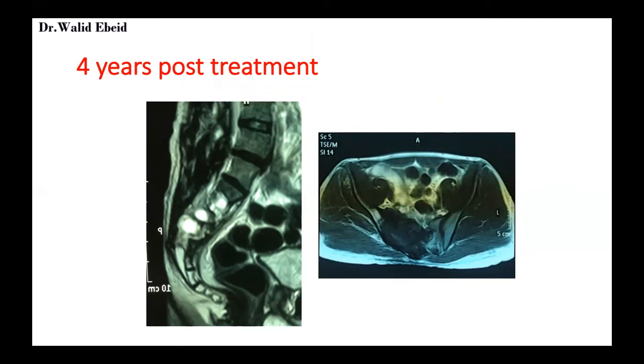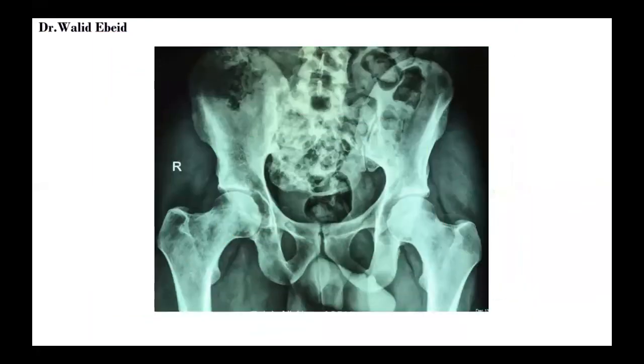This patient has actually been in long-term remission following denosumab. He is now 10 years with no regrowth of his tumor. And this is his final X-ray with bone formation in the sacral tumor.